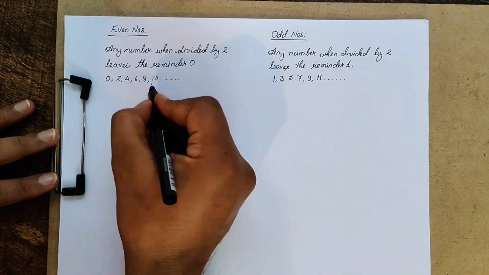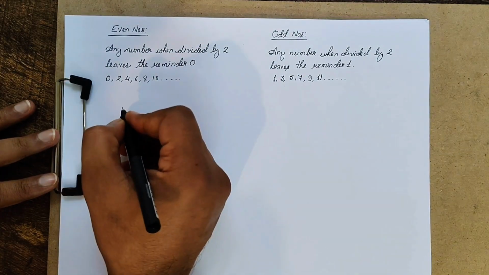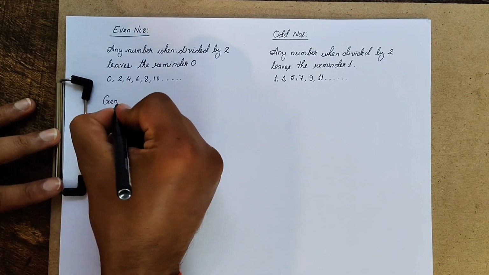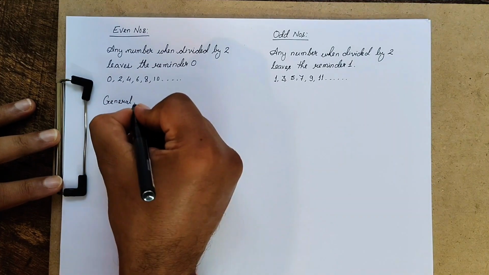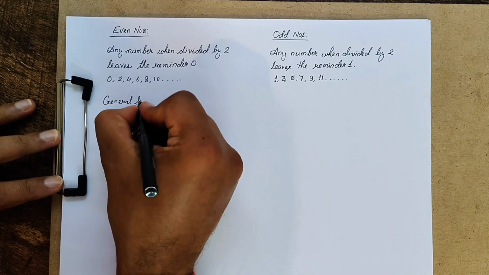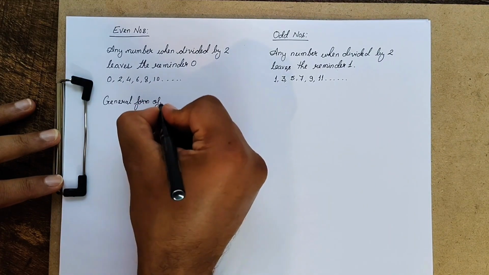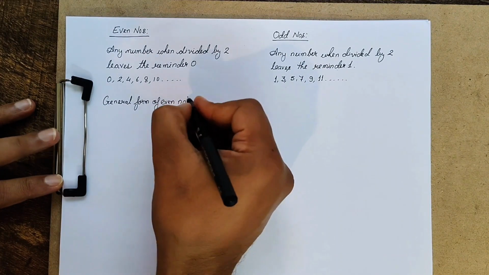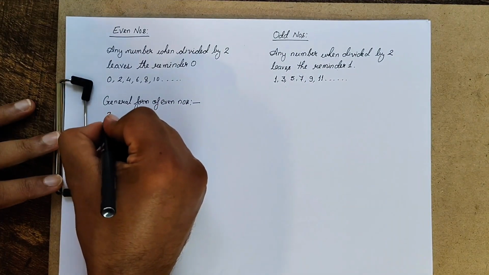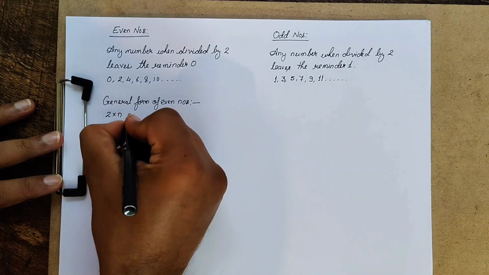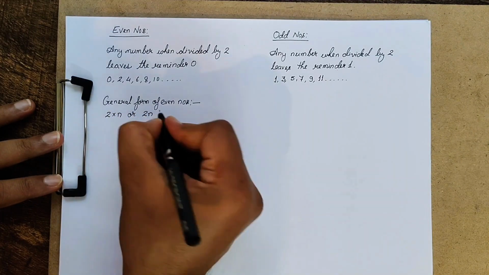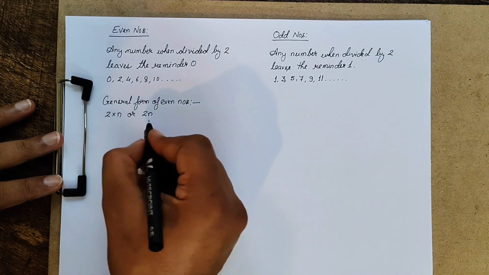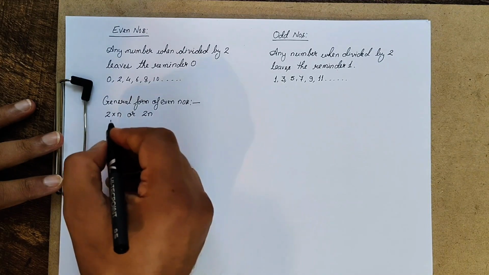Now if we see these numbers, let's derive a general form of even numbers. Can we write the general form of even numbers as 2 into n, or simply 2n, where n can be any natural number 1, 2, 3, 4, 5 or even whole numbers.